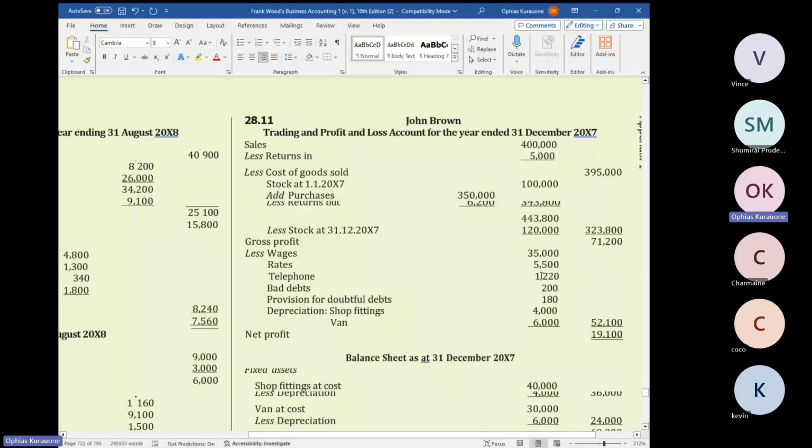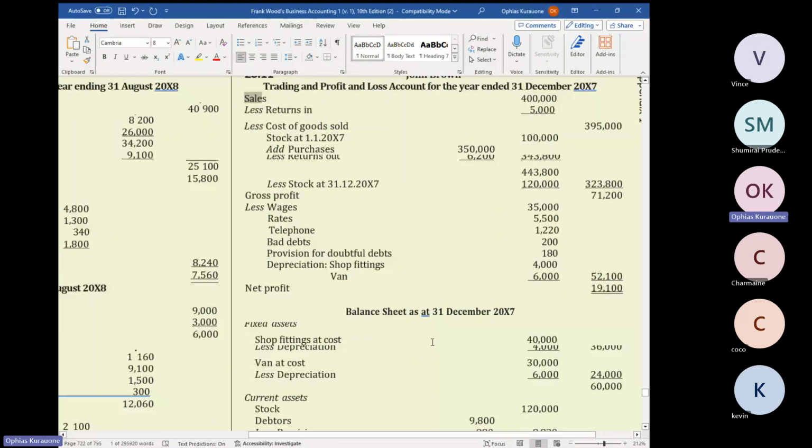You calculated it. Bad debt, as it is, provision 180. Depreciation, we calculated all these. All these were well calculated.